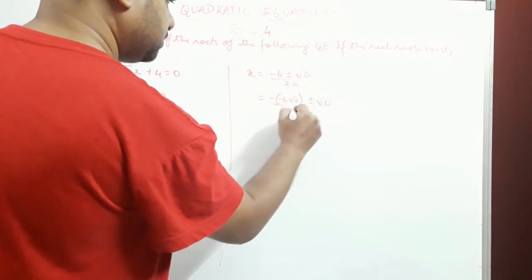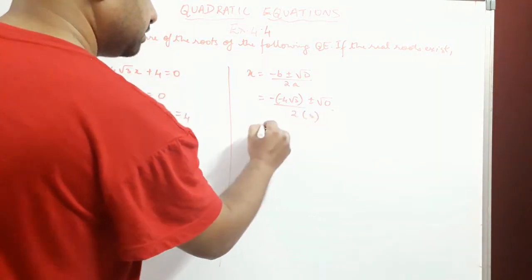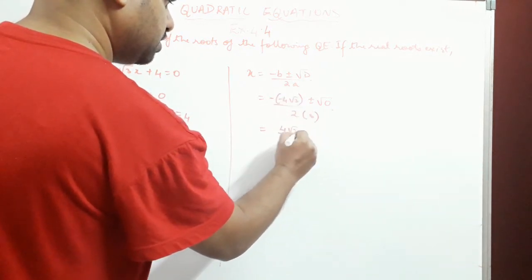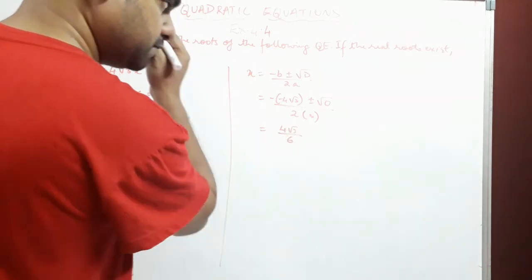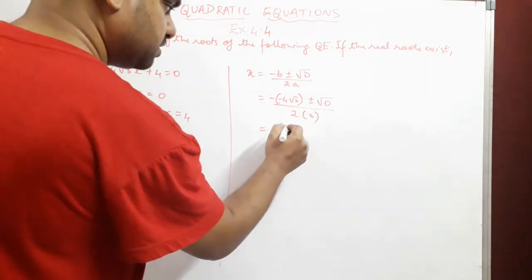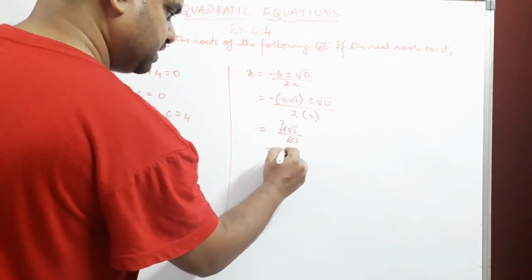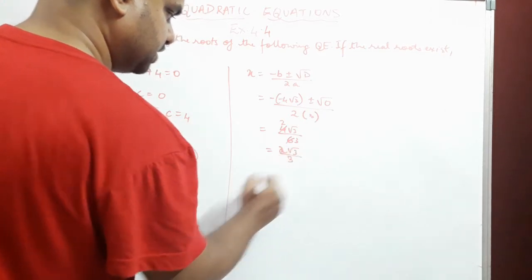We just found that out. 2 into a, which is 3. So we get minus of minus become plus. So 4 root 3 upon 2 into 3 will get us 6. Now we can divide 2 2s are 4, 2 3s are 6, and we get 2 root 3 upon 3.